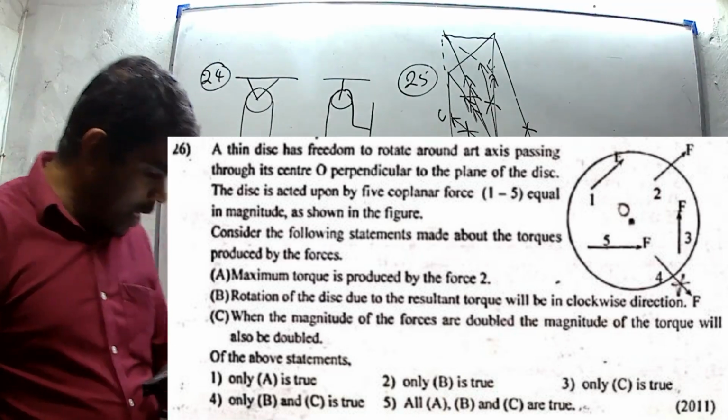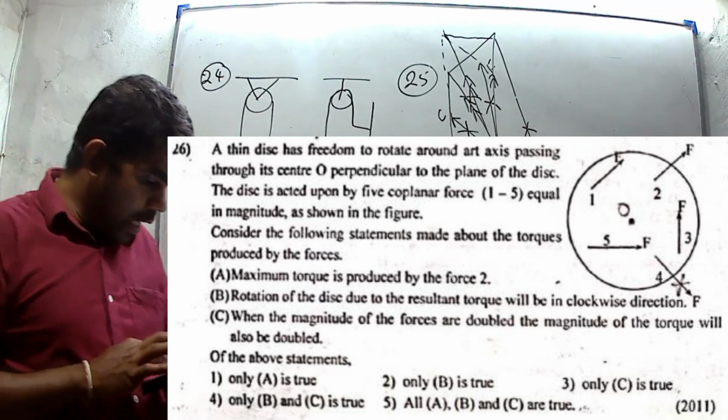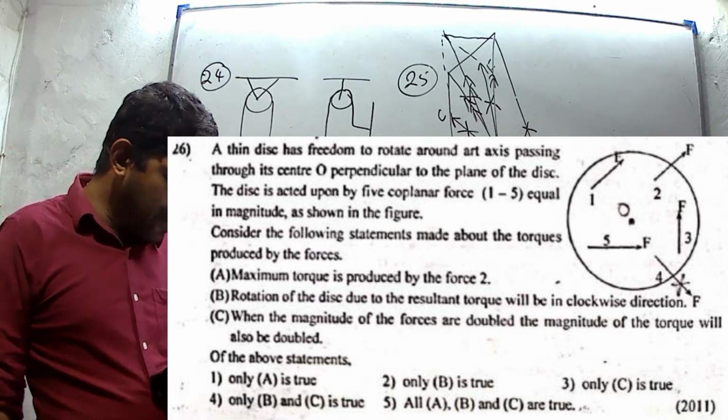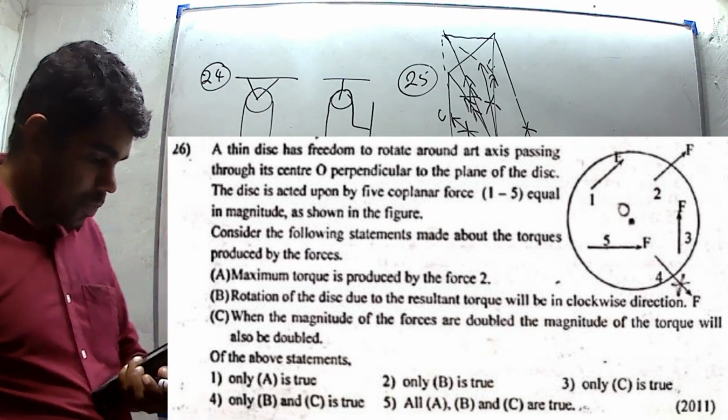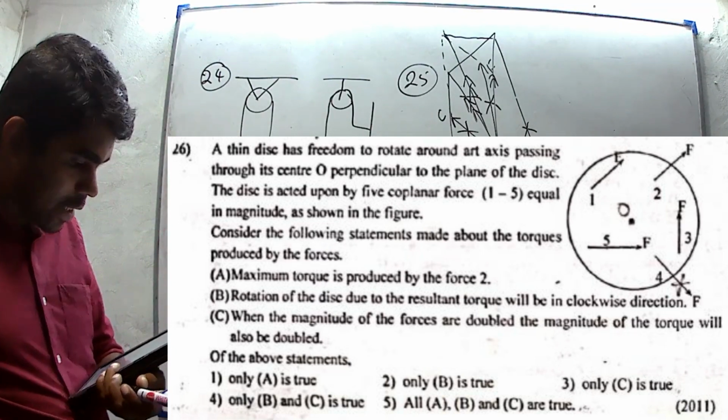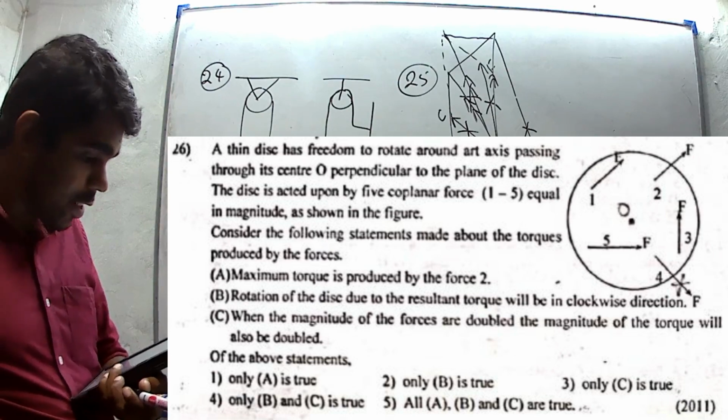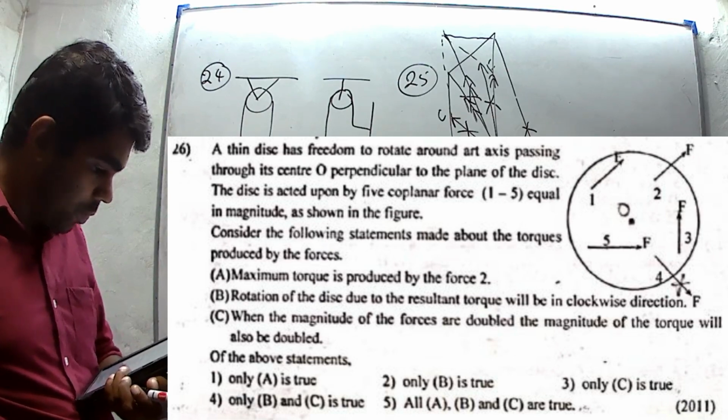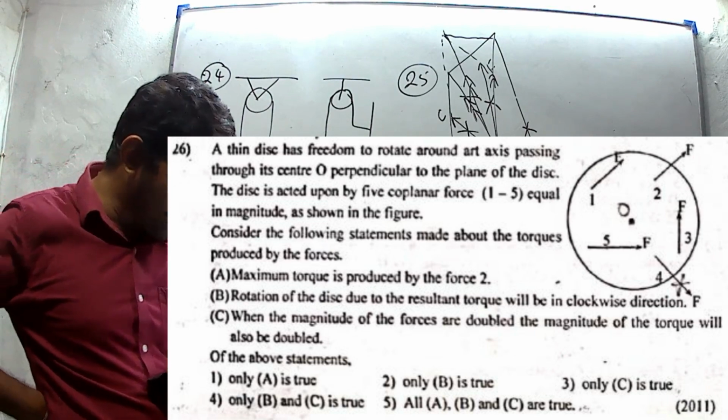Then question number 26. A thin disc has freedom to rotate around an axis passing through its center O, perpendicular to the plane of the disc.